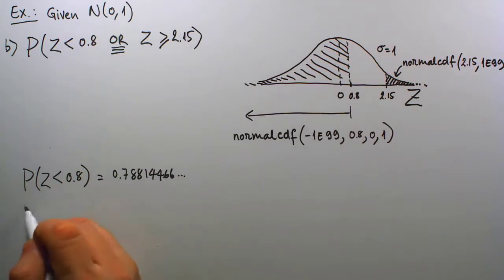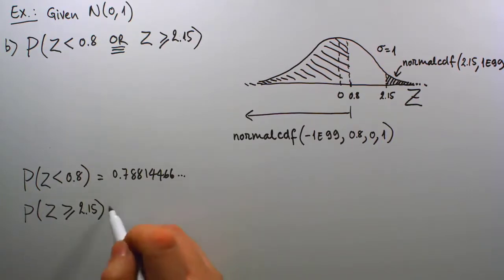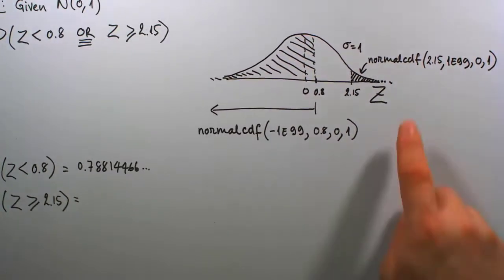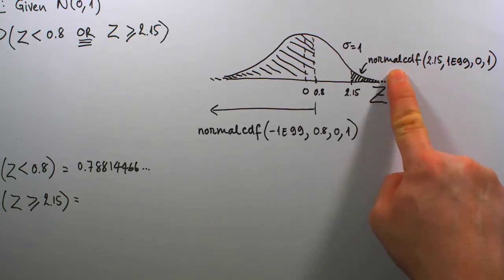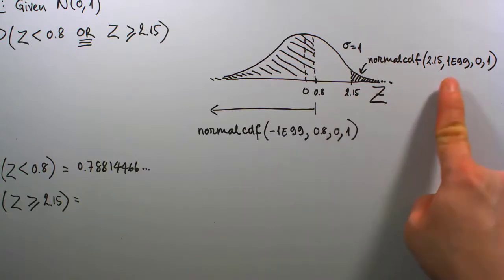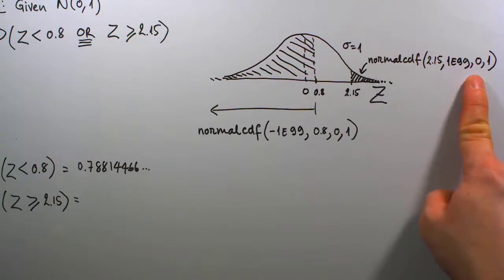Let's now proceed to find the area shaded to the right hand side of 2.15. Symbolically speaking, it is the probability that we're running into a z-score greater than or equal to 2.15. The way of doing that is to again call up our normal CDF command with low end to be 2.15 and high end to be the indefinite 1E99, and default at 0 and 1.